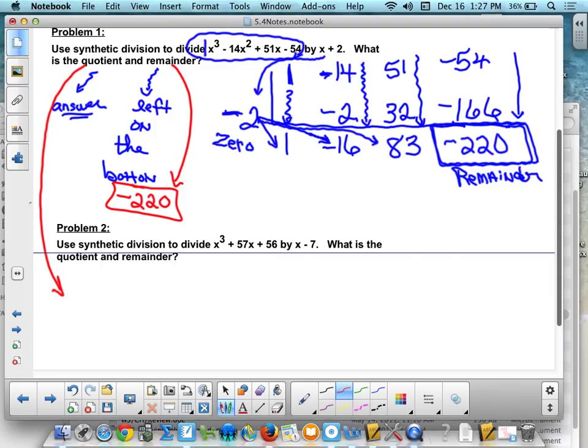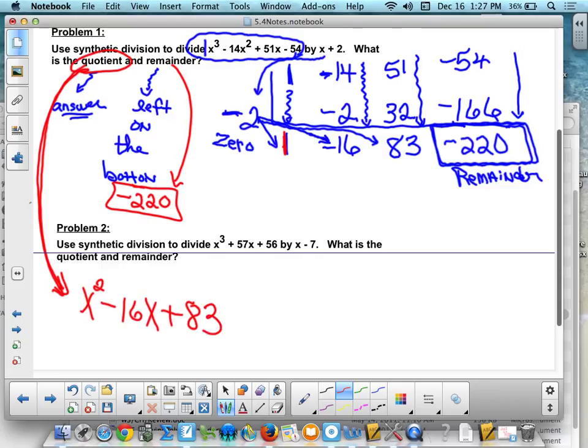If there was another number, x cubed, x to the fourth, x to the fifth, x to the sixth. So when you write your answer, your quotient, you say 83 is the constant, x term, x squared. It's 1 what? X squared. 1x squared minus 16 what? X plus what? 83.